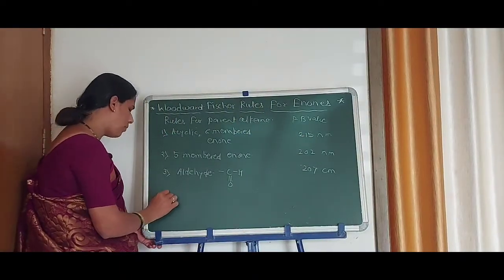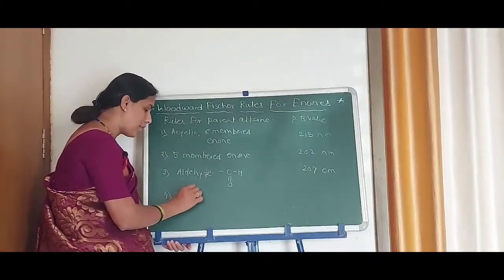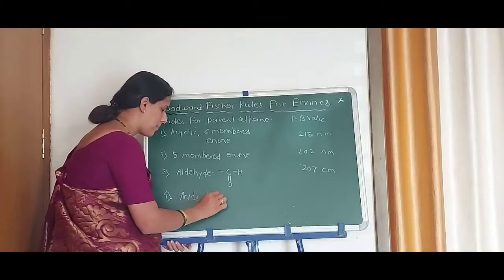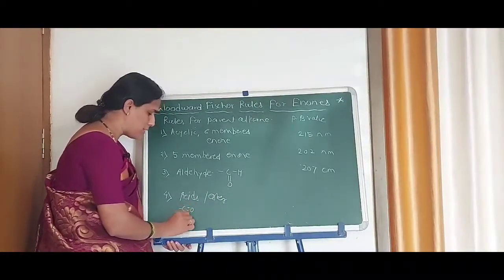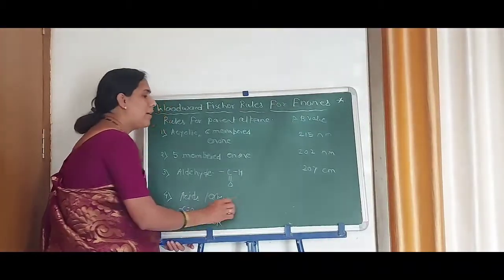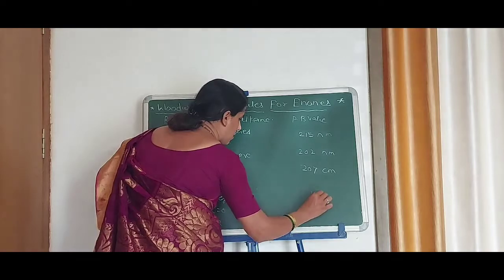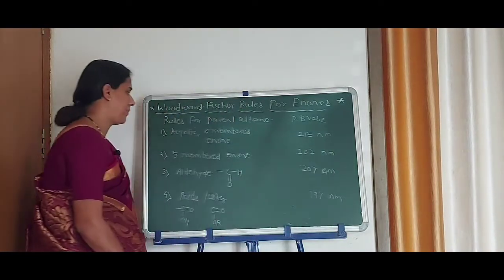And if the compound is an acid or ester, the functional group for acids is COOH and for esters is COOR, it can possess the value 197 nanometer.